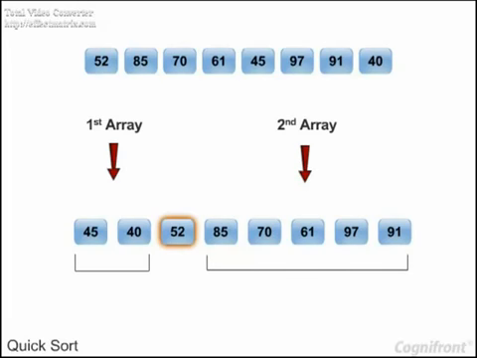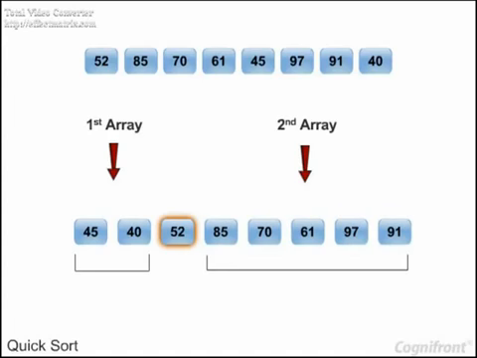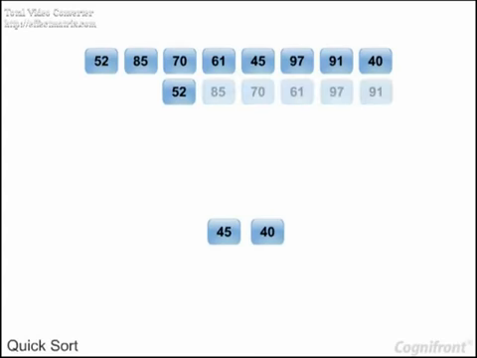Here, the first sub-array consists of 45 and 40, and the second sub-array consists of 85, 70, 61, 97 and 91. The two sub-arrays are sorted separately. But before that, the partition process is repeated for the sub-arrays.